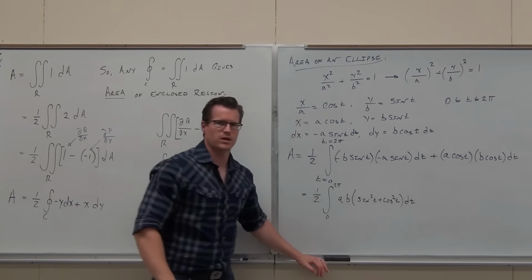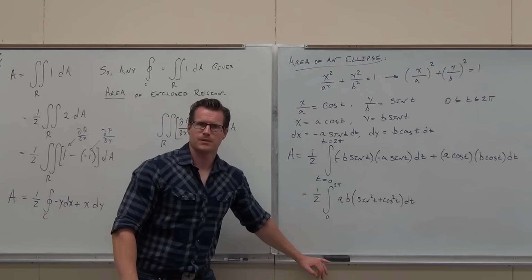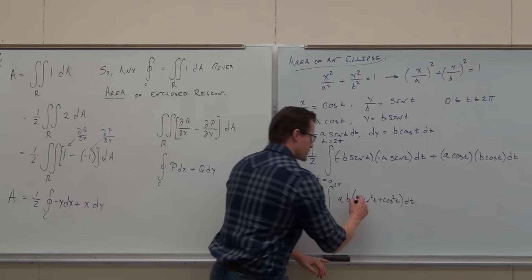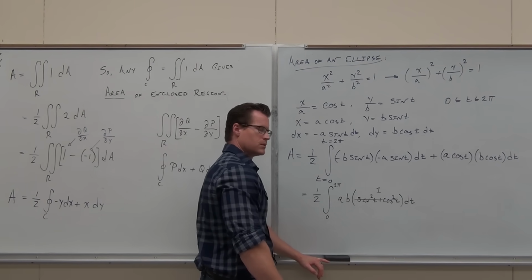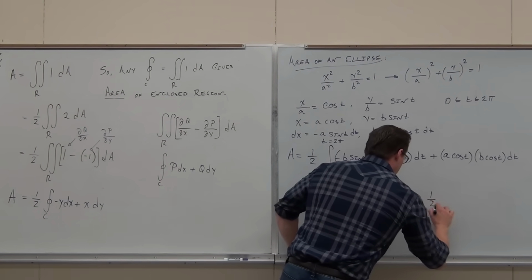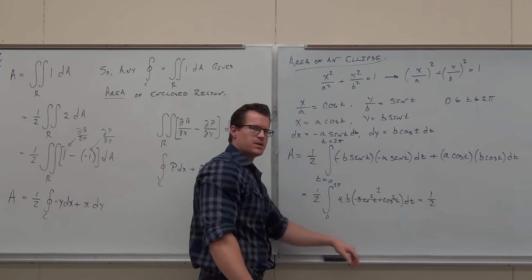Can you make the jump algebraically with me? Yes, no. Yeah. How much is all this? 1. So we end up getting 1/2. Okay, fantastic.